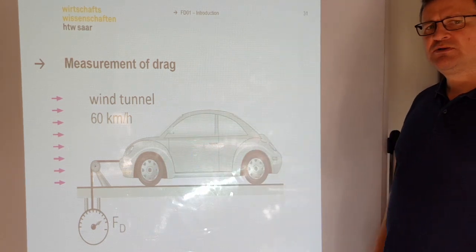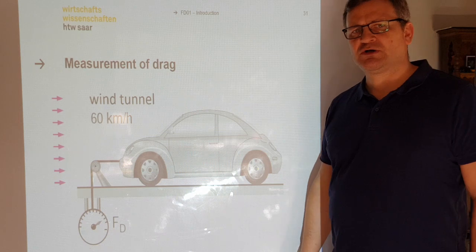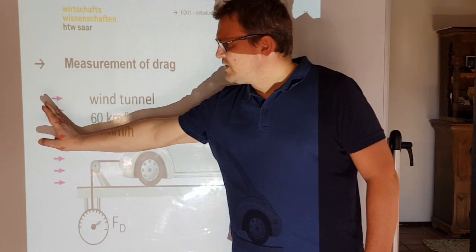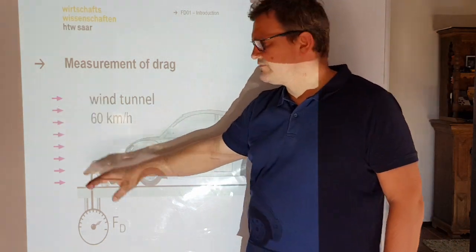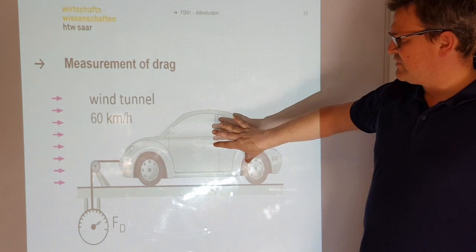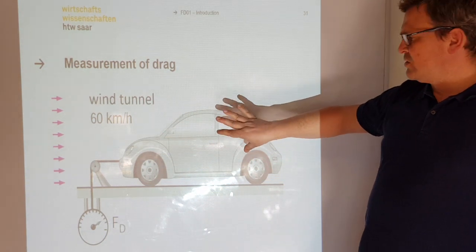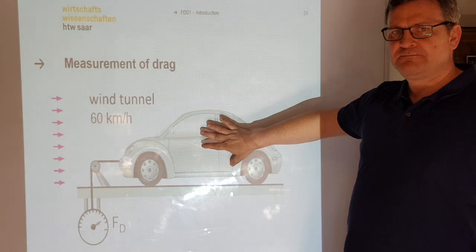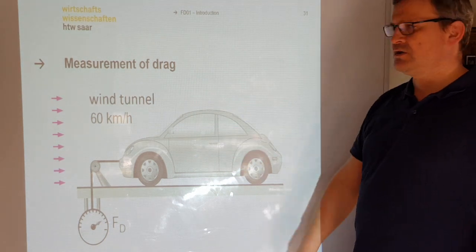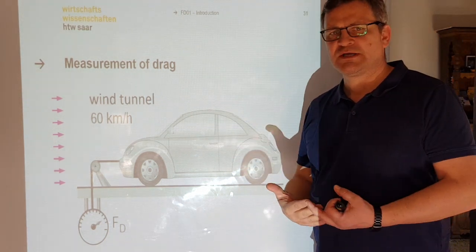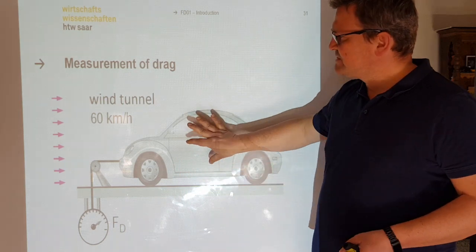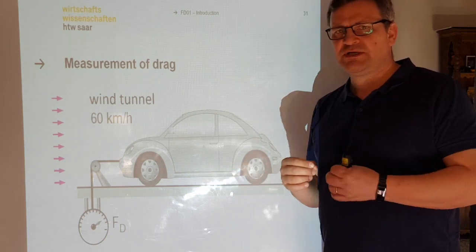That's also one of the important topics. If we have a wind velocity, if we have fluid flow, we always will have a force on the car or on the plane or on the object or on the house. And this force, this wind force, can be really high.